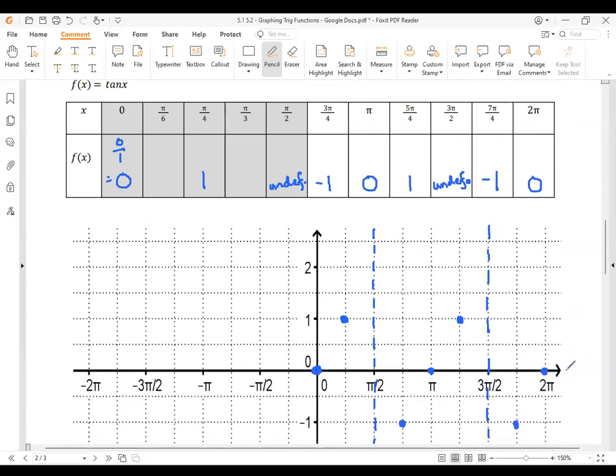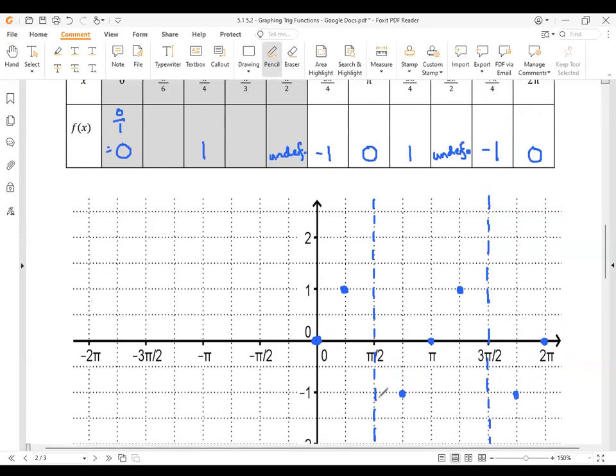What do you expect to be here? Dun, dun, dun, dun. That's right. So dun, dun, line, dun, dun, dun, line. It keeps on repeating. Why? Because sine and cosine keep on repeating like that.